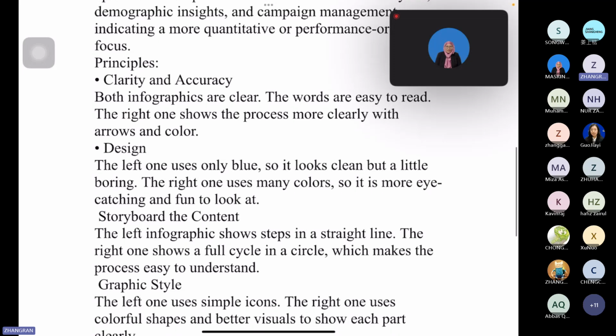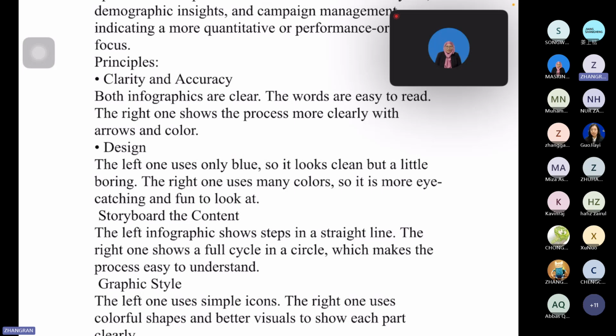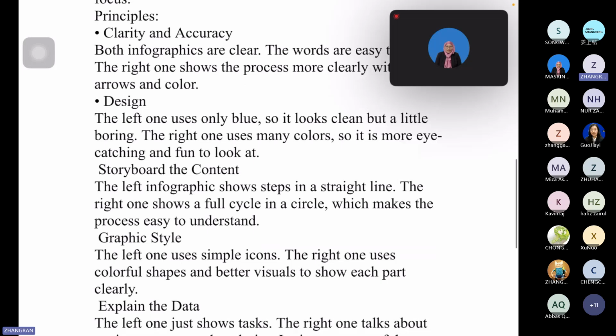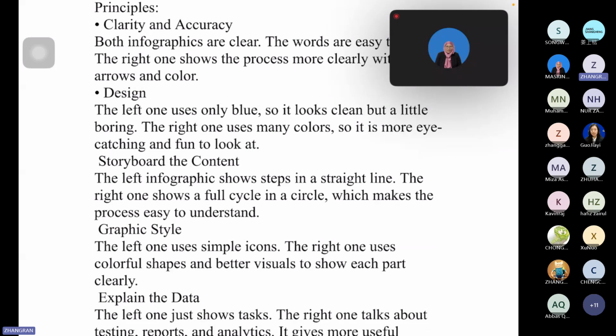The left picture is very clear. The words are very easy to read, and the right shows the progress more clearly with arrows. The right picture has three colors, and the left picture uses only deep blue and yellow.